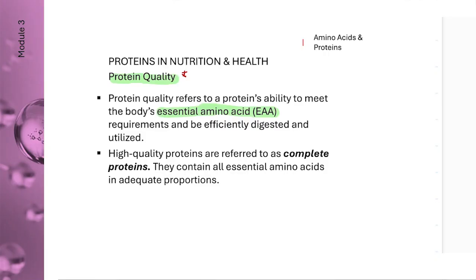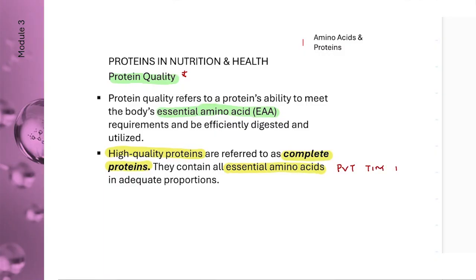Okay, so we have terminologies that we often refer to. One of them is high quality proteins. And what are high quality proteins as far as our diet is concerned? High quality proteins are proteins that we call complete proteins because they have all the essential amino acids. Remember them? The PVT TIM HALL.